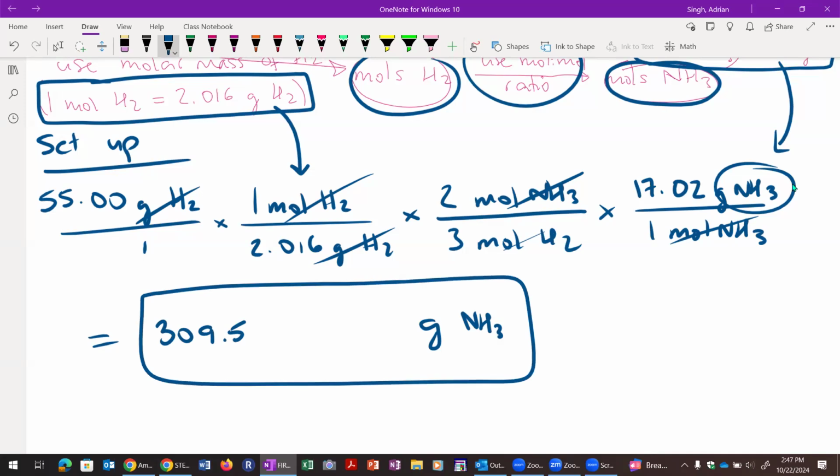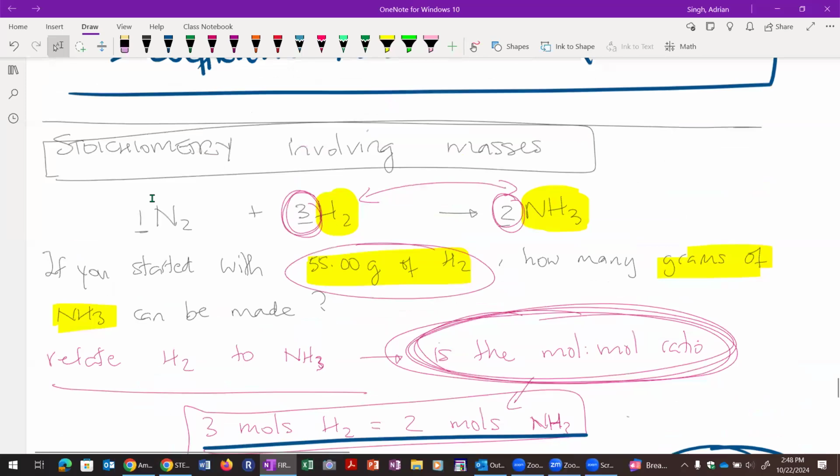Okay, and this is really the essence of stoichiometry, right? We can use the balanced equation, which gives us a mole to mole ratio, to relate one thing in the equation to any other thing in that equation.